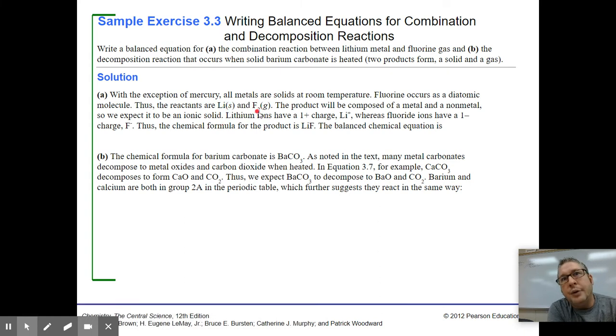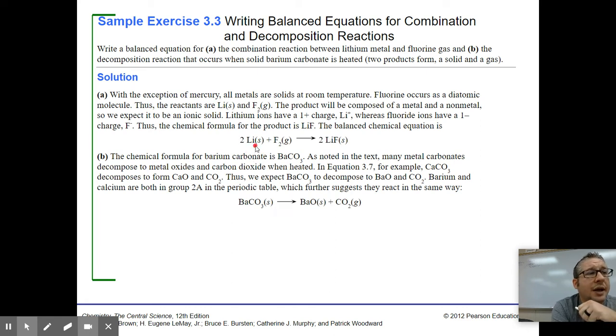Again, F2 because it's a Brinkelhoff. So here you'll see Li plus F2 yields, it's a combination reaction, LiF. Fluorine is a -1 charge. Lithium is a +1 charge. When you put them together, you get the formula LiF.